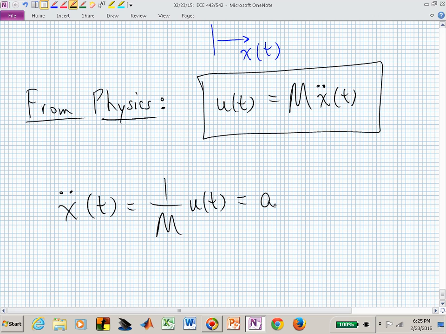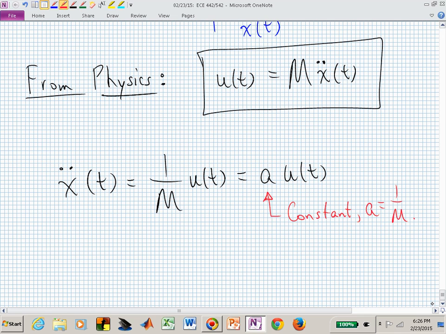Let's just call that a, so a u of t. But this is simply a constant, a is 1 over m. We now have a second-order differential equation.